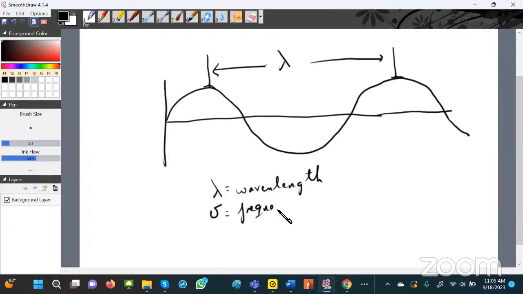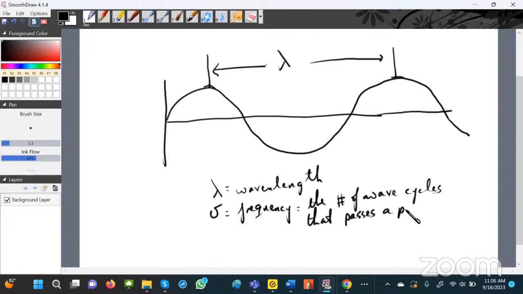And the frequency, I'm just going to write down the definition here, is equal to the number of wave cycles that passes a particular point per unit time. And invariably, the unit of time would be seconds. I've never seen the unit of time in this particular context expressed in any other units.